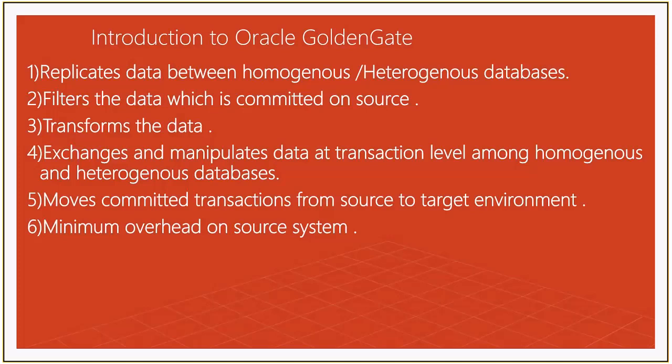You can manipulate the data at the source, or in a homogeneous or heterogeneous environment, it is possible. And one of the best things about why it is so popular is that it moves the committed transactions from the source to the target environment in real time.